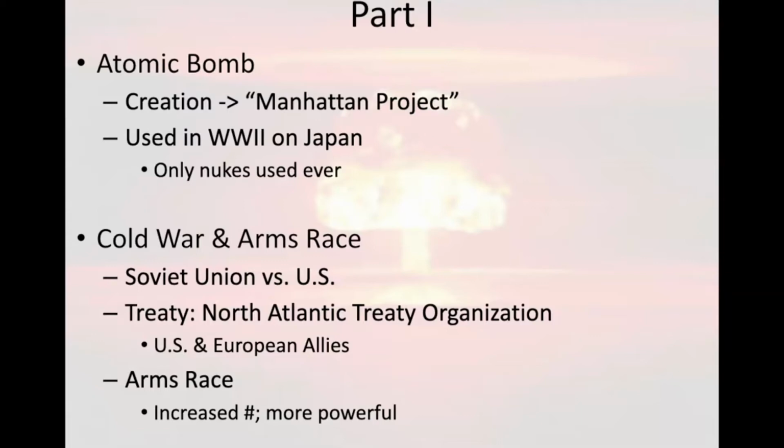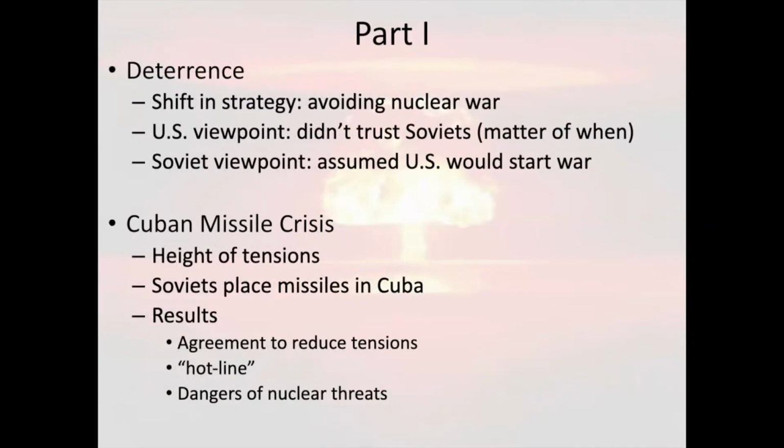The United States is going to increase the amount of atomic bombs, and then increase the amount of nuclear weapons as a whole, as new and more powerful nuclear weapons come to be, and then the Soviet Union will do the same. Throughout the early Cold War period, the 1950s, you continue to have this arms race.